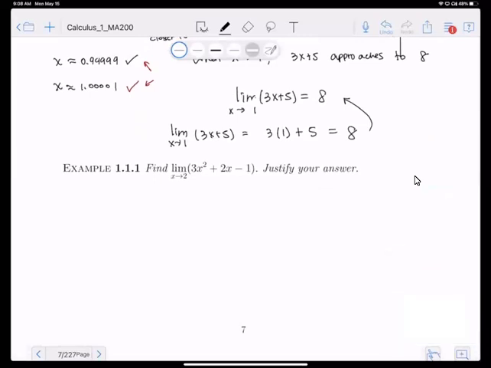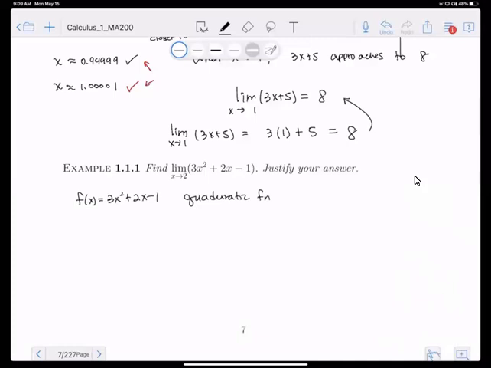We want to know the behavior when x approaches 2 of the given function, 3x squared plus 2x minus 1. So your given function f of x is 3x squared plus 2x minus 1. This is a quadratic function. A quadratic function is continuous.